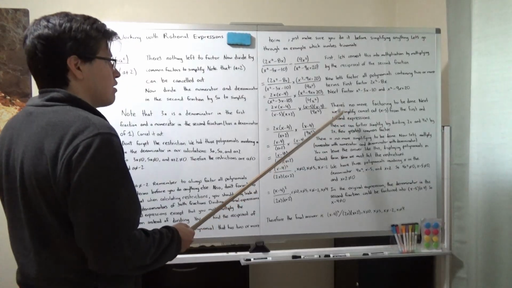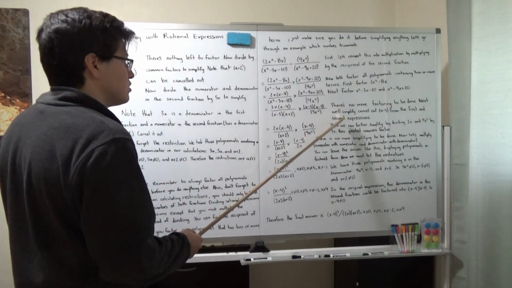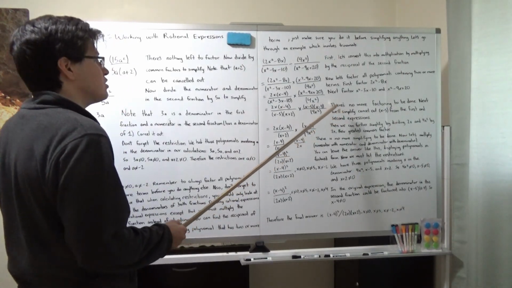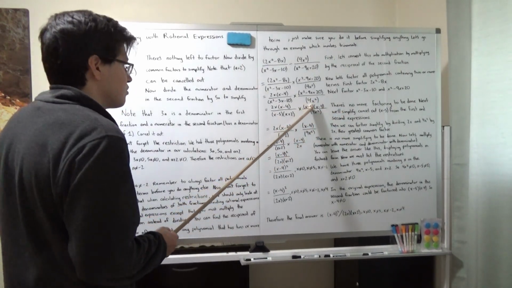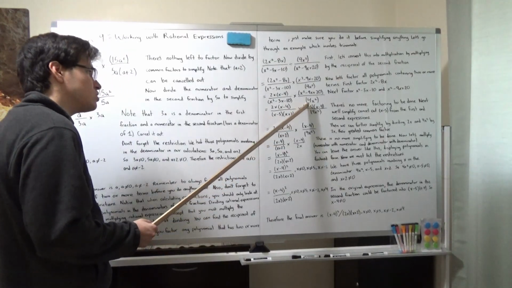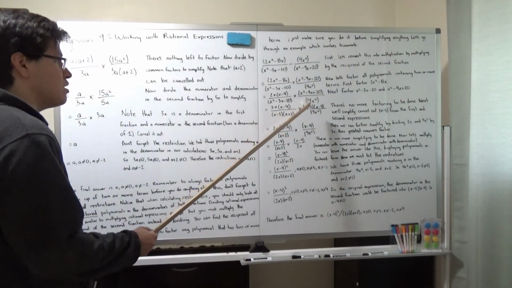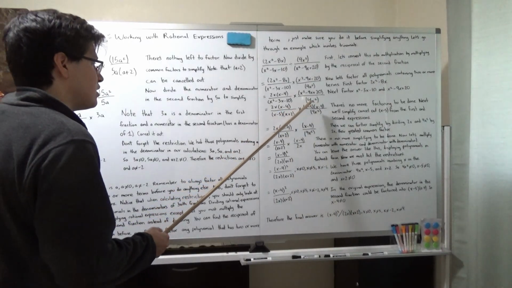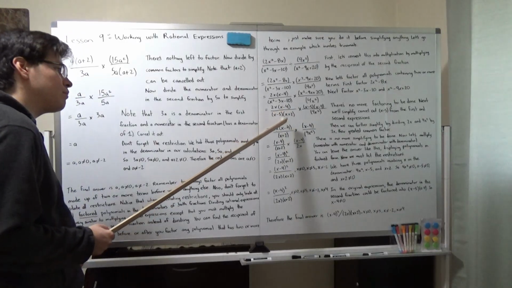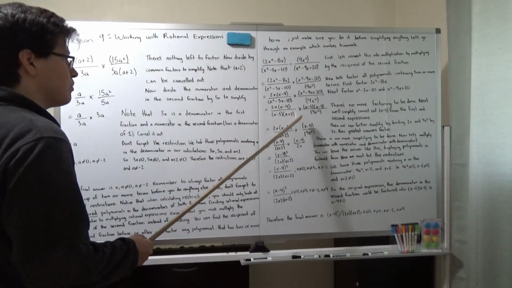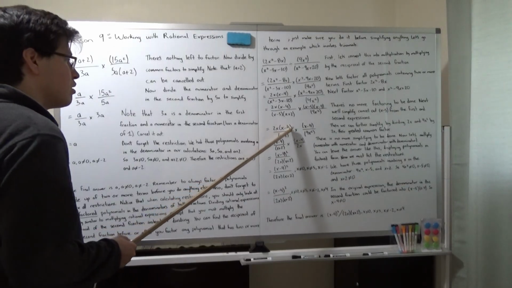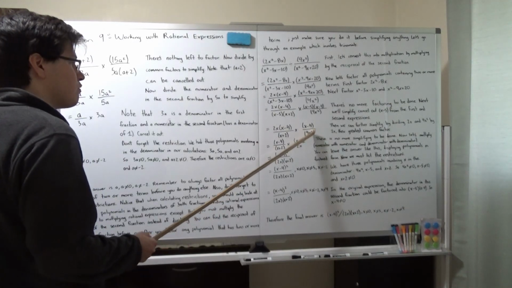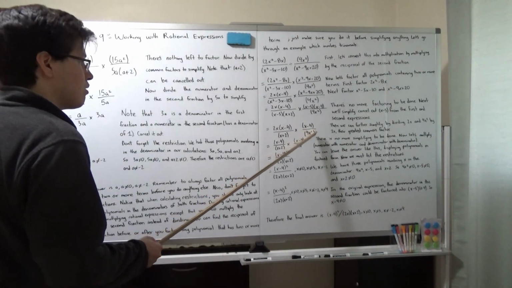Next, we simplify. We cancel out x minus 5 from the first and second expressions, because it's in this numerator and in this denominator, and we're multiplying, so we can cancel it out. Bring everything else down: 2x times x minus 4 over x plus 2 times x minus 4 over 4x squared.